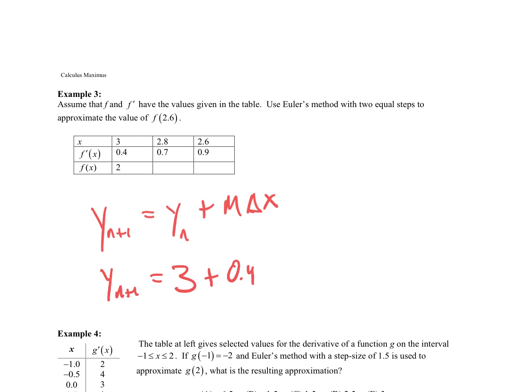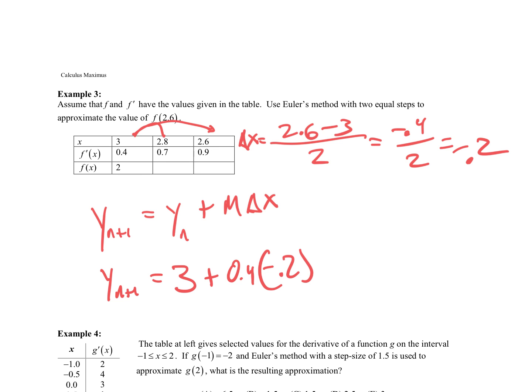Now what is delta x? Well, 2 equal steps here. So we have 2.6 minus 3. We're going from 3 to 2.6 divided by 2 steps. This is our delta x. All right, and so that's negative 0.4 divided by 2. That's negative 0.2.